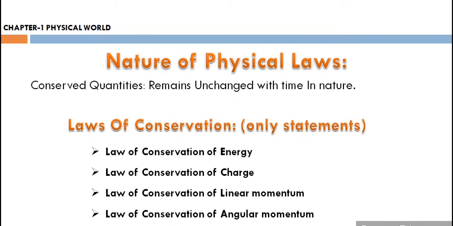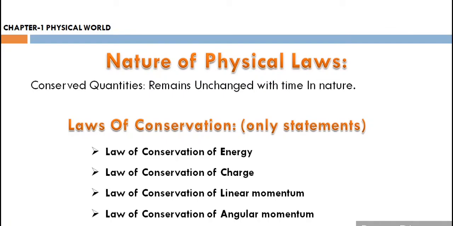We will study this when we complete a few chapters in physics. But right now I am telling you the statement: if the resultant external torque acting on the system is zero, the total angular momentum of the system remains constant, right? So these are the laws of conservation. In future you will study these laws in detail.